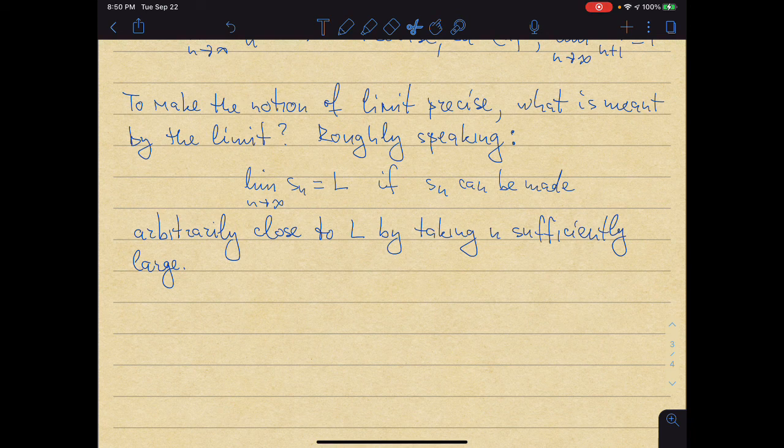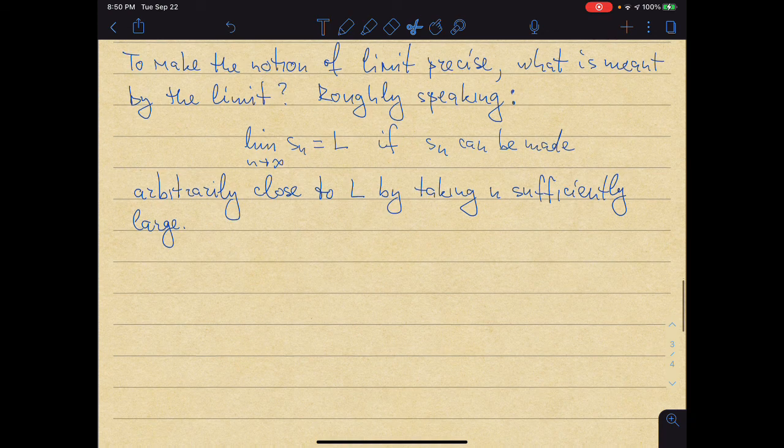That has to be made precise. And what does it mean that I should be able to take n sufficiently big? It's clear that if a limit is equal to some number, then I can make n sufficiently big, and then Sn will be closer to L than some prescribed number. But what does sufficiently big mean? How do I actually verify if something is sufficiently big? In practice it is not yet clear.